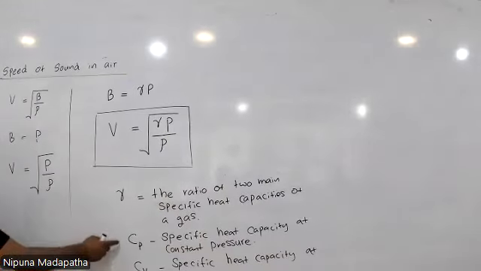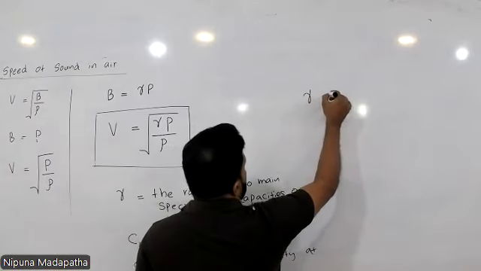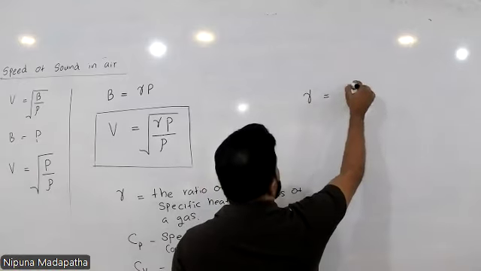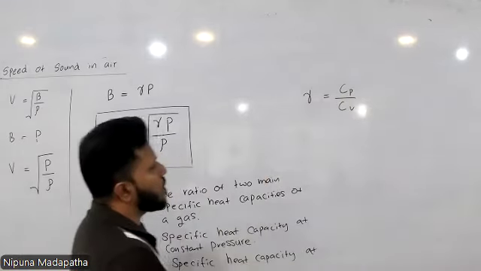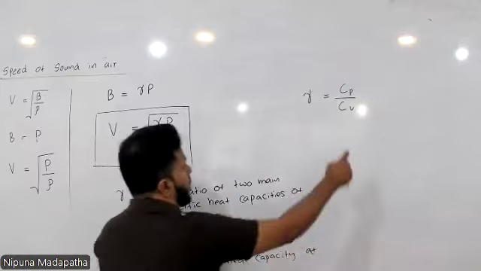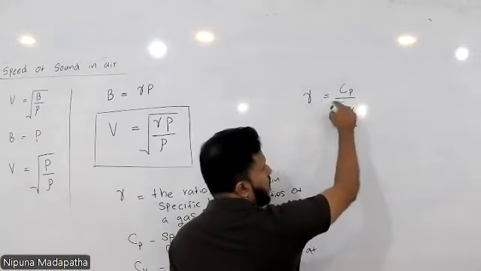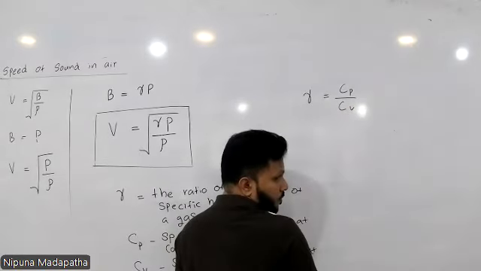These are the two main heat capacities of a gas. So gamma is defined as Cp over Cv, which means specific heat capacity of the gas at constant pressure divided by specific heat capacity of a gas at constant volume.